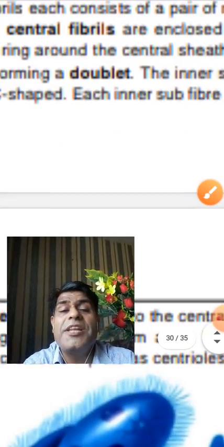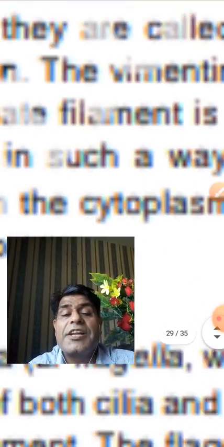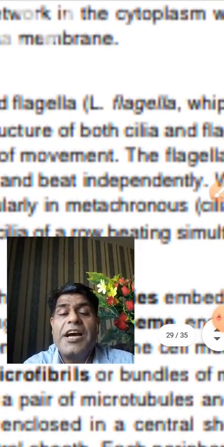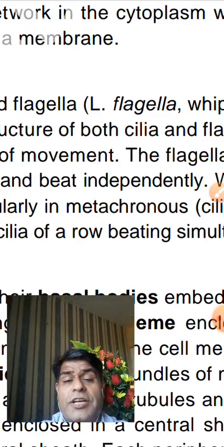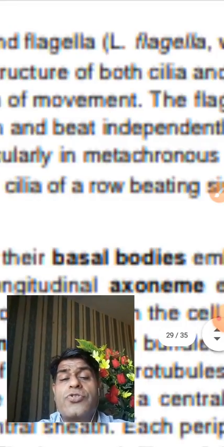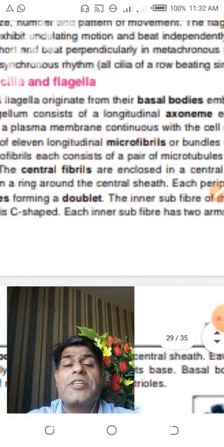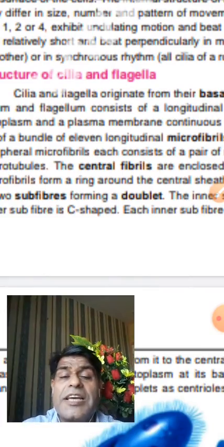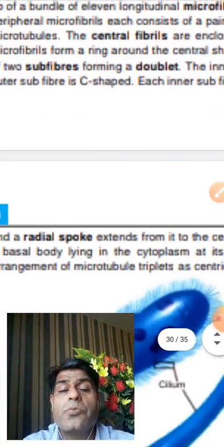What is the meaning of the doublet? The meaning of the doublet is that they are arranged in such a form that they consist of 2 circles. One circle is the outer circle and one circle is the inner circle.